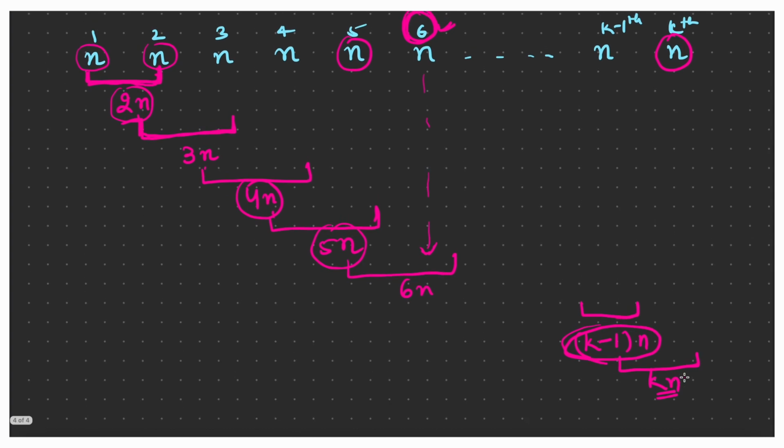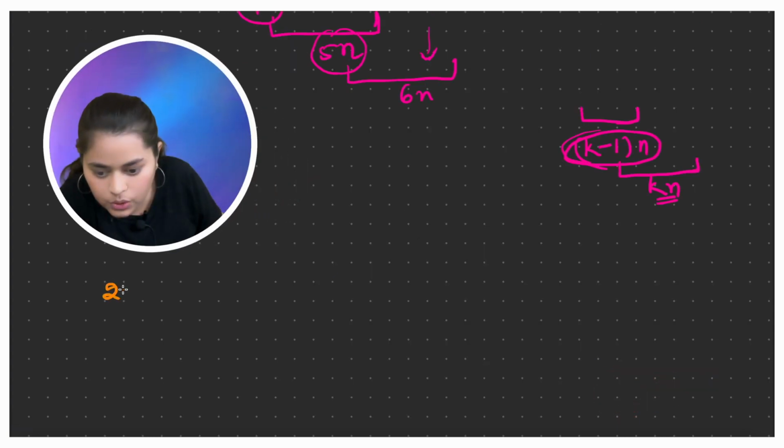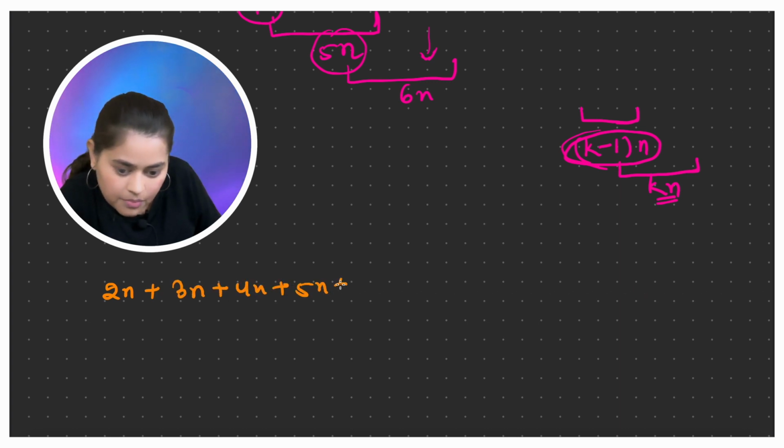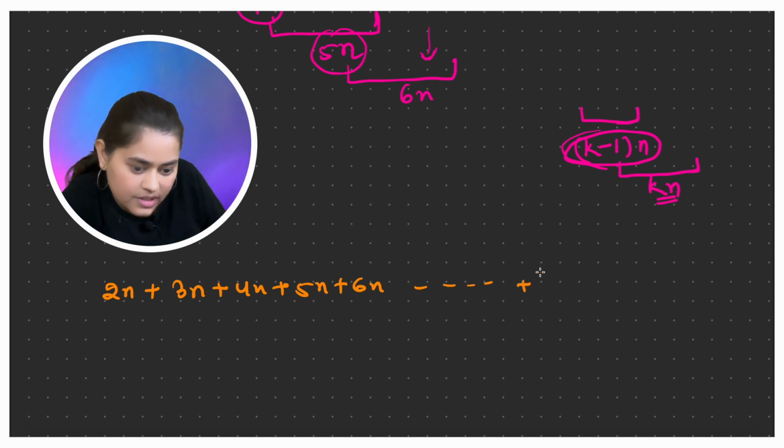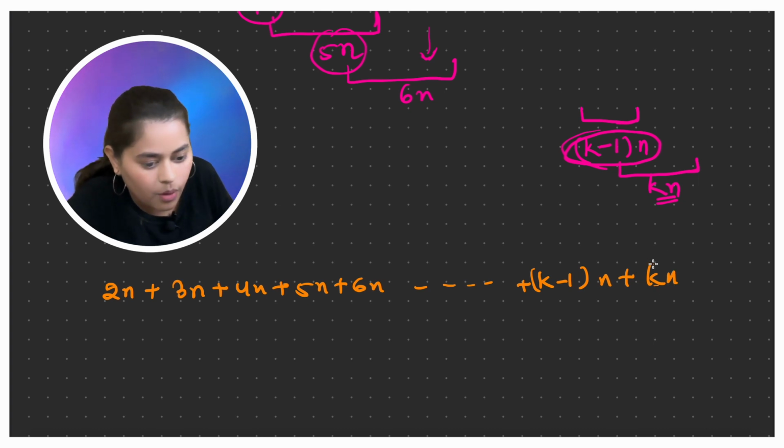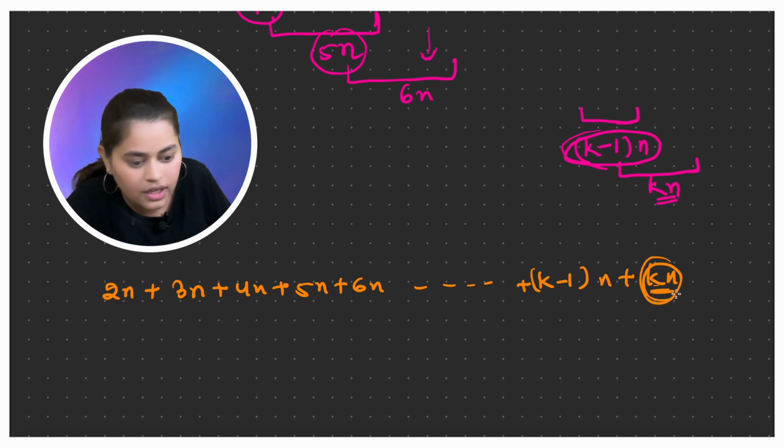Now to calculate the time complexity, we'll keep on adding, because the total number of operations will be the time we have taken to merge all the lists into the final list having k into n number of elements, right? So let's add them. We have 2n plus 3n plus 4n plus 5n plus 6n and so on, plus k minus 1 times n, and the last list will be of size kn, and the number of operations we took to create this list will be k into n.